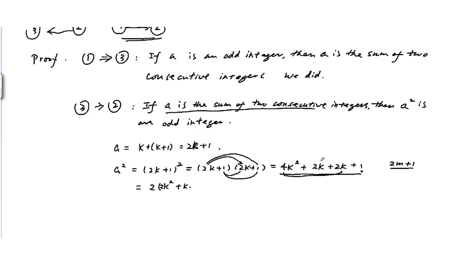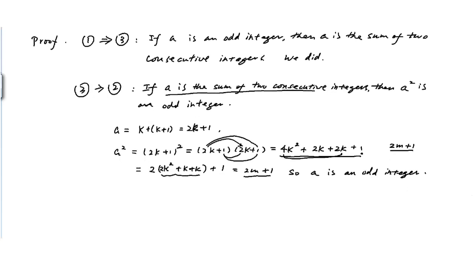So that will be this plus 1, right? So this would be the m. So it's in the format of an odd integer. So a squared is an odd integer.